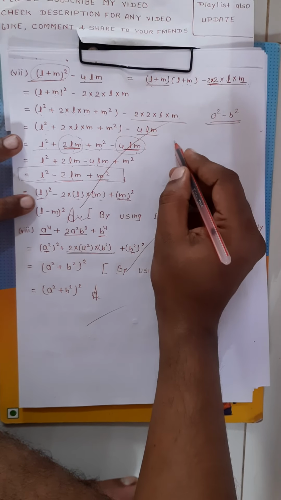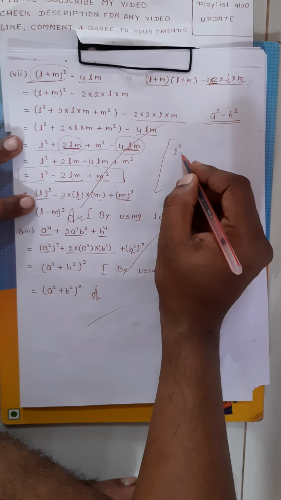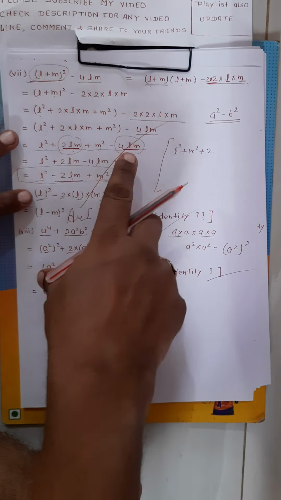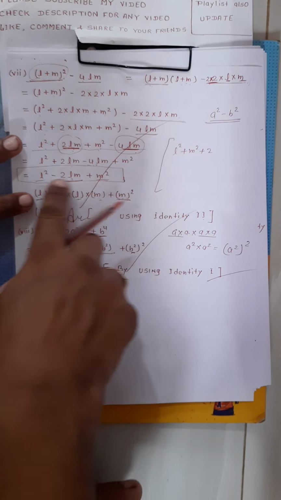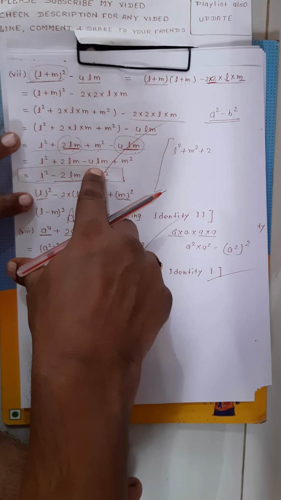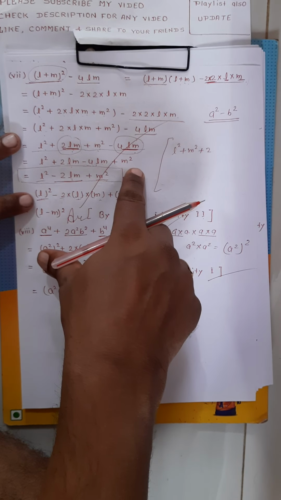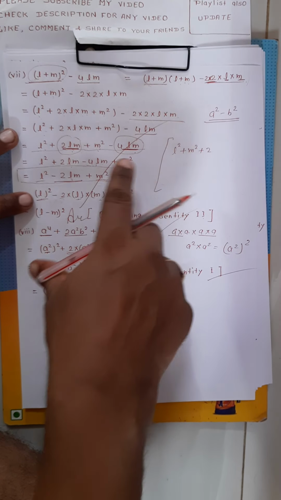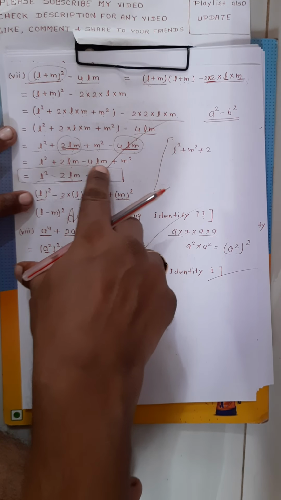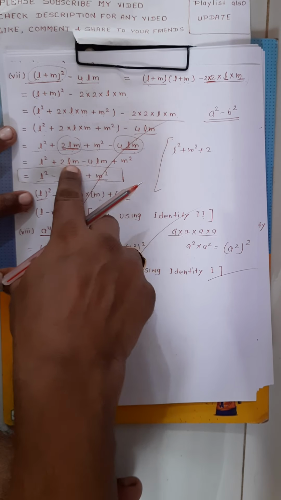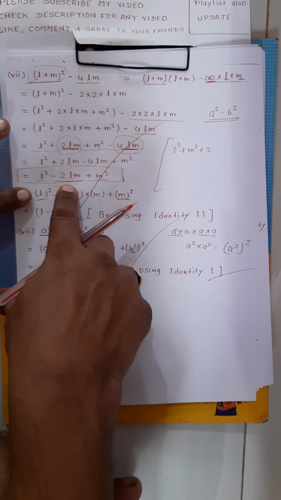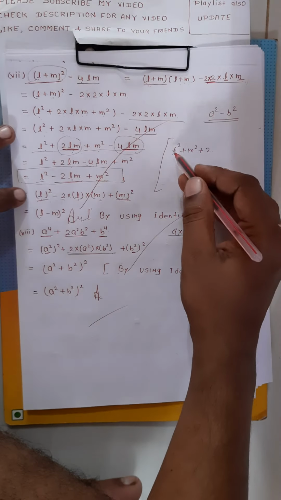Otherwise you can write it as l square plus m square plus 2lm minus 4lm, where l square plus 2lm minus 4lm we have taken here, and m square I have written at the last. Both have lm, so we can subtract, and if we subtract, then our value becomes plus 2 minus 4, which means minus 2lm.